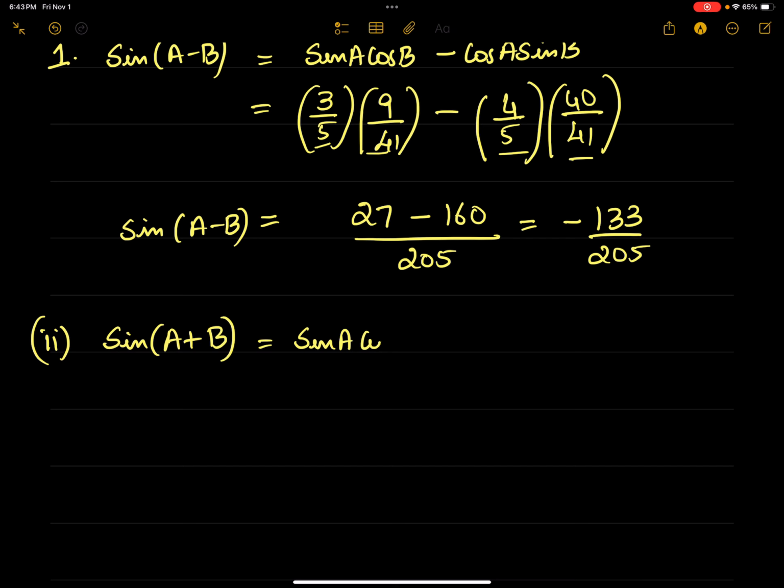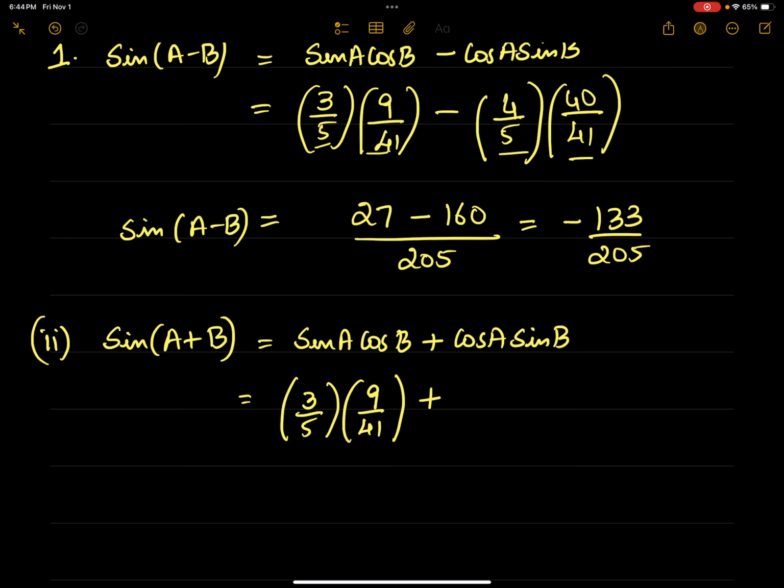It is sine A cos B plus cos A sin B. Now sin A is 3 by 5, cos B is 9 by 41, plus 4 by 5 is cos A and 40 by 41 is sin B. Now again the denominator is common, which is 205.